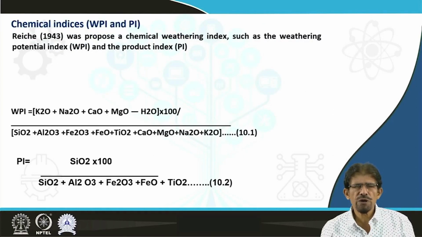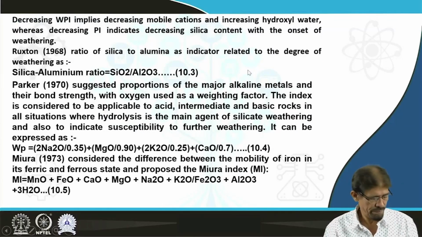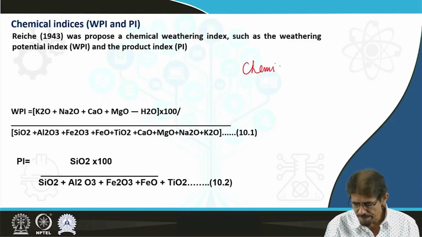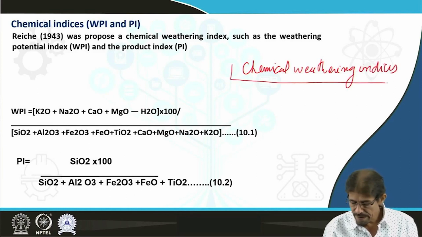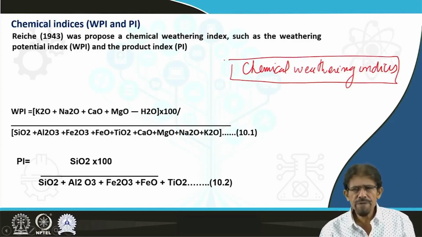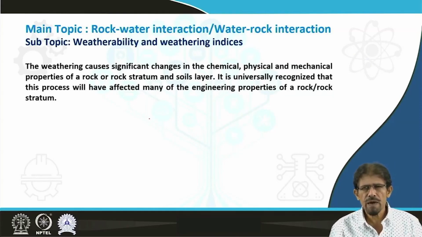If we look at the different types of chemical weathering indices, as a categorization of indices, we can classify weathering indices in three broad groups.